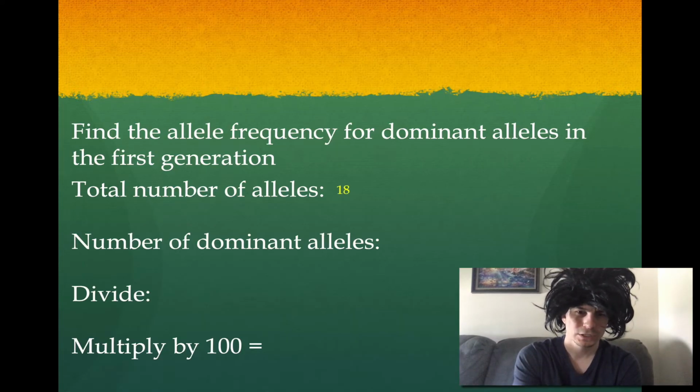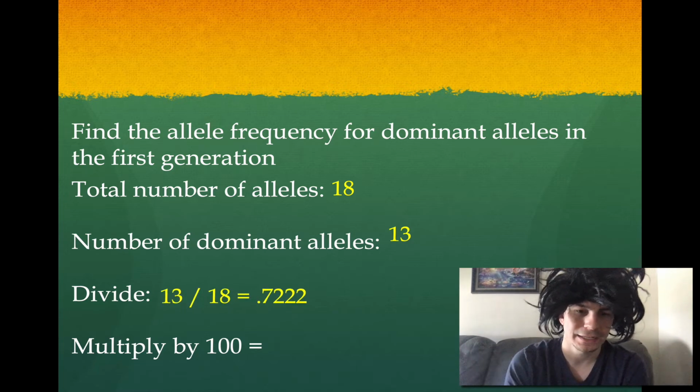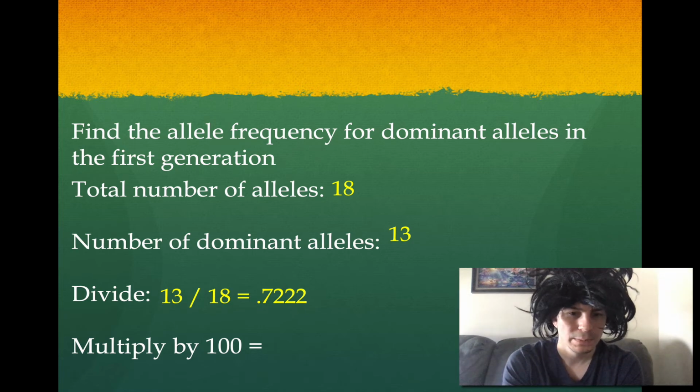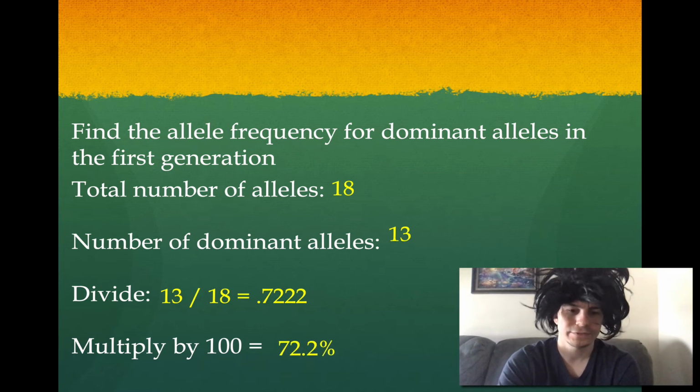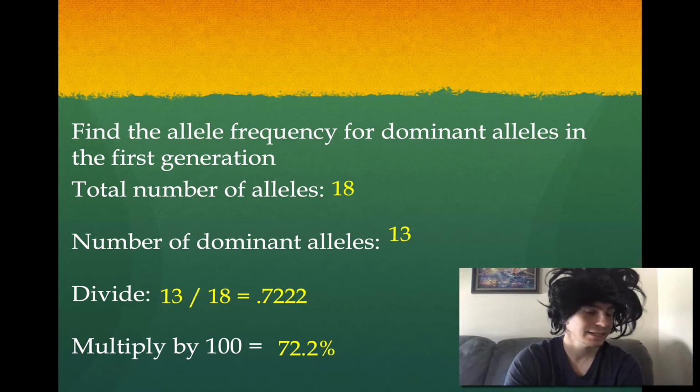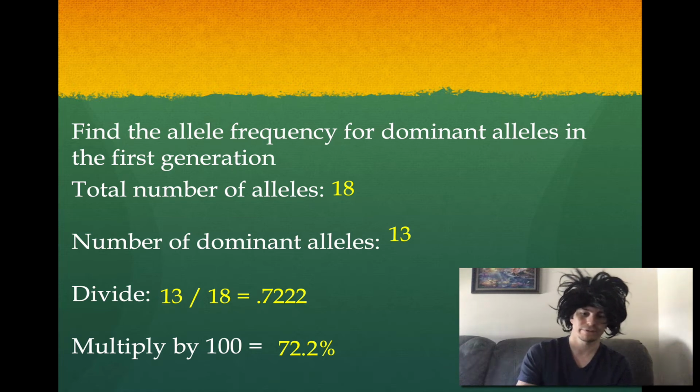So I got 18 total, 13 dominant. We're going to divide them. 13 divided by 18 is like 0.72. Multiply it by 100, and you get 72.2%. That's all the allele frequency is, guys. All right, fairly easy.